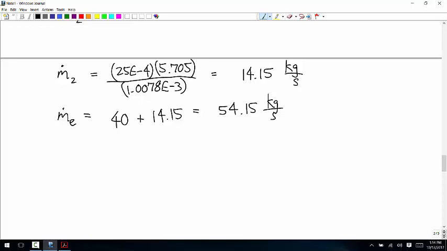All right, so that's conservation of mass. So now we're going on to conservation of energy. So the first law of thermodynamics for control volumes.